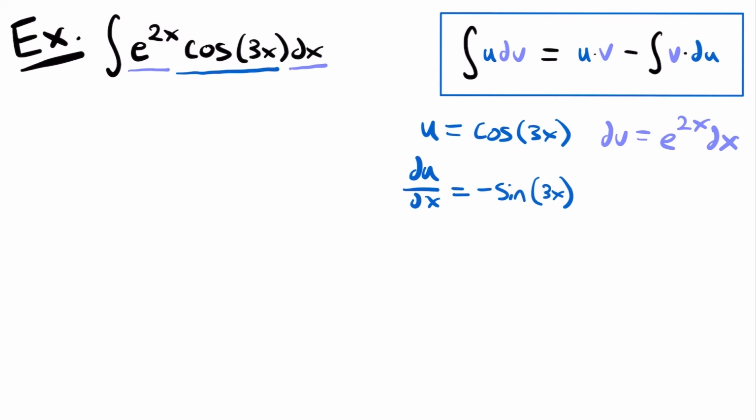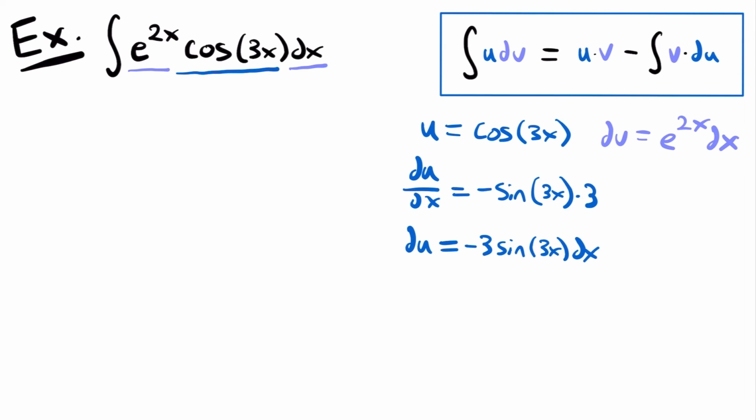Right, we're just using the chain rule for derivatives here, and the derivative of 3x is 3, because when you take the derivative of x to the first power, it's just equal to its coefficient, so we'll multiply by 3. And then if we solve for du by multiplying both sides by dx, we'll have that du is equal to negative 3 times sine of 3x times dx.